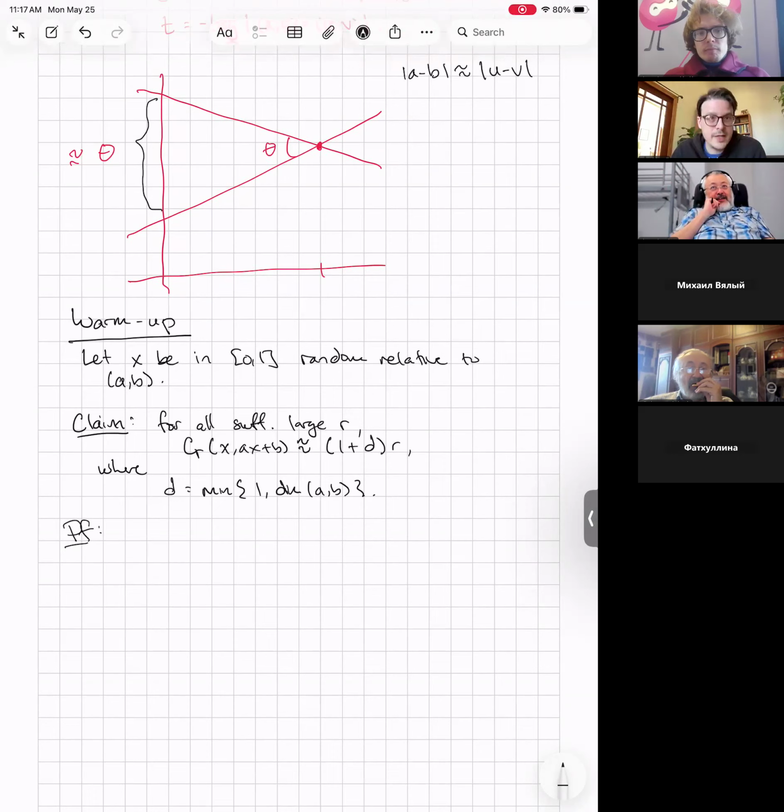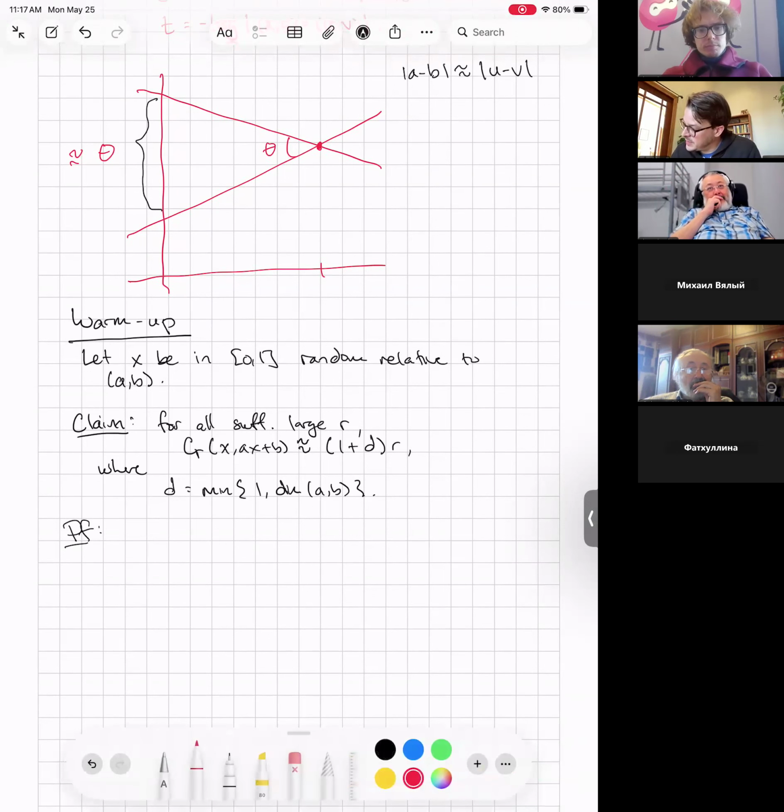And you should think about this as saying that the complexity of the point is maximal. It's the most it possibly could be. So we just need to show the lower bound on the complexity of this.